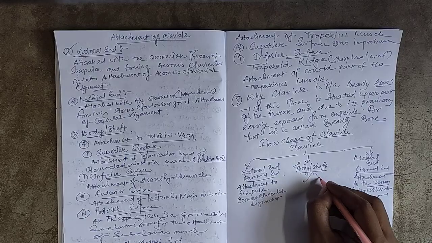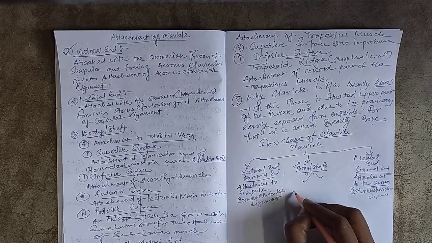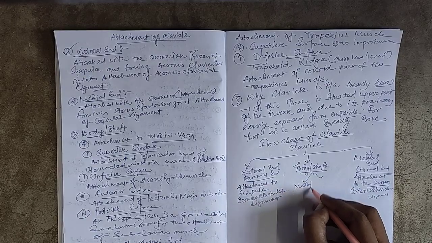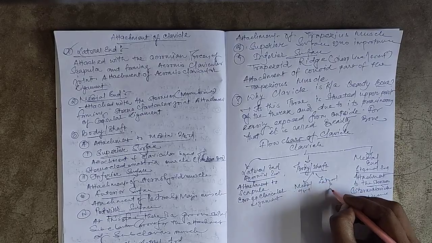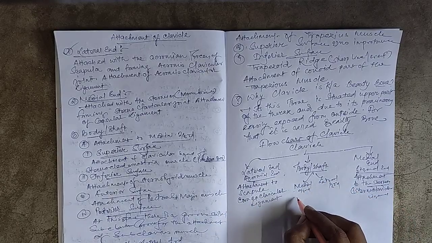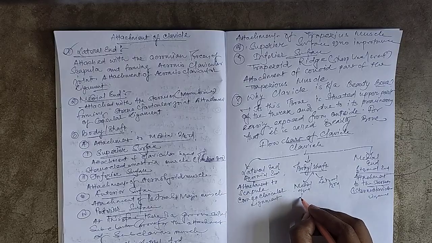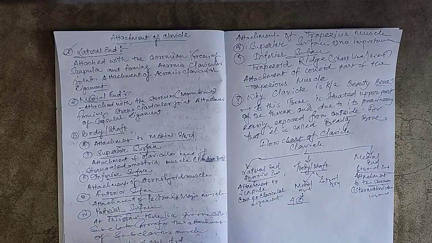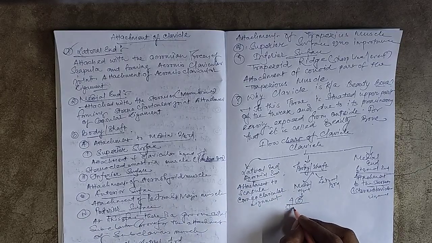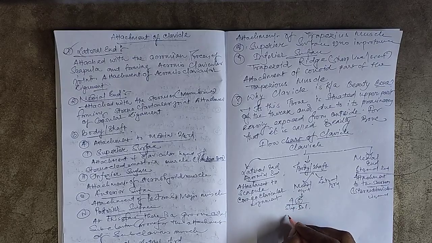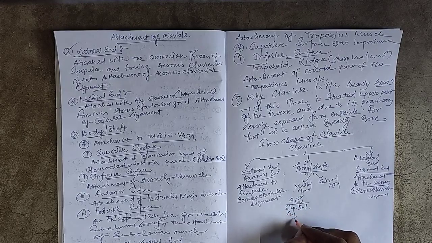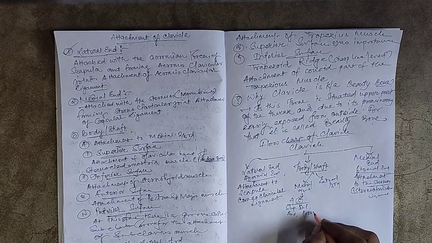Now body has two parts, medial 2/3, lateral 1/3. Medial 2/3 has four surfaces: superior surface, inferior surface, anterior surface, posterior surface, and it is cylindrical in shape.